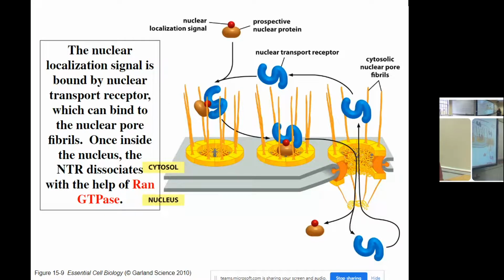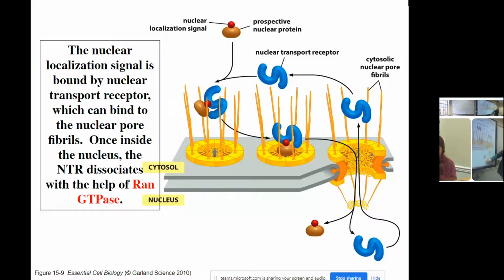This part scientists understand pretty well. This part, scientists understand pretty well. This part is still a question mark. Once it's up here, how does it move down? That's still a pretty active research area. But it does go through the pore, still in a mysterious way, and ends up delivering the nuclear protein to the inside of the nucleus.